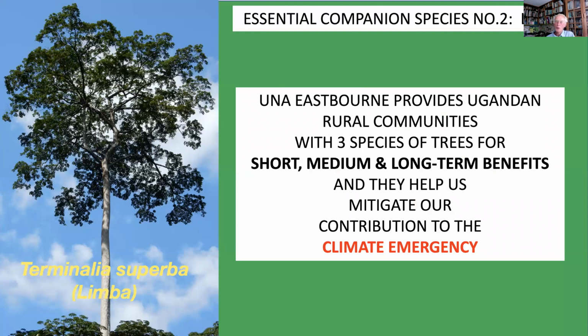But also by doing this, the Ugandans are helping us mitigate our contribution to the climate emergency, because half our carbon footprint today, at least half, is coming from outsourced carbon emissions from the things that we buy, for example, from China, from Africa, and other countries who are doing the growing or the manufacturing on our behalf. So we have a responsibility to actually mitigate some of that CO2 by our own efforts supporting other countries.